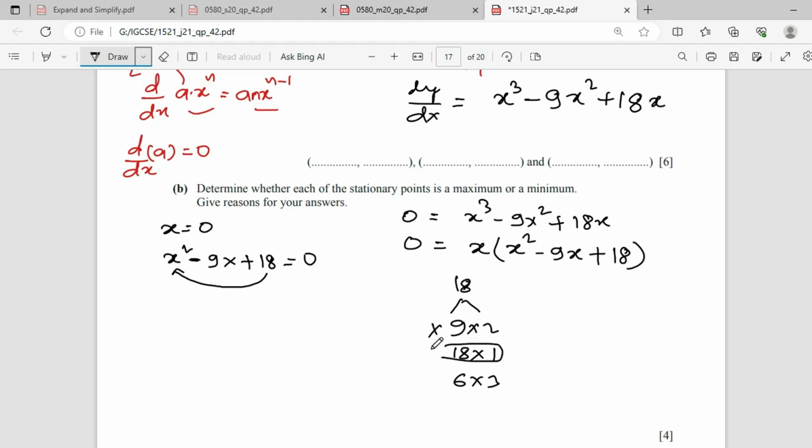Minus 6 minus 3 is minus 9, and minus 3 into minus 6 is plus 18. So this is our middle term. In this scenario, I am going to write x square minus 6x minus 3x plus 18 equals 0. Make the grouping.